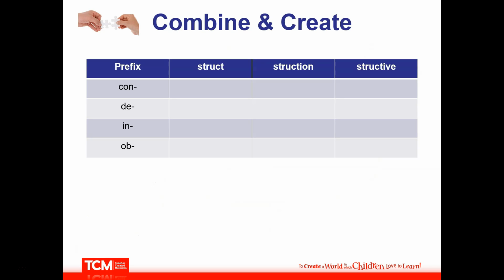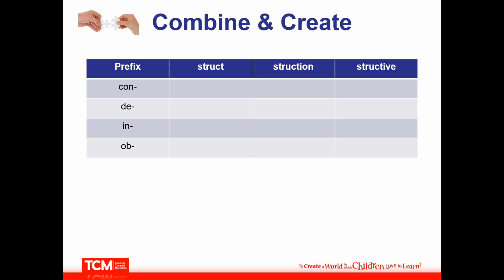And so one of the ways that we can engage students in using the combine and create strategy within the classroom is by giving them a matrix to use, very similar to the matrix that we used with the semantic feature analysis. What you'll see here is that there are 4 prefixes, con, de, in, and ob, and then we have 3 roots or bases at the top of this matrix.